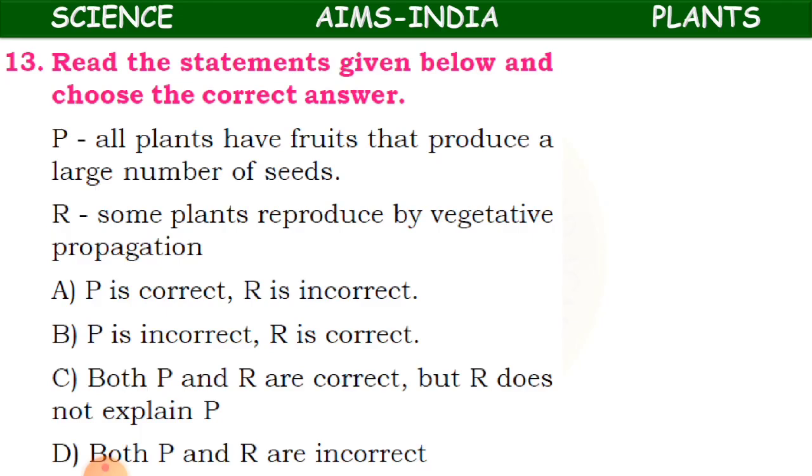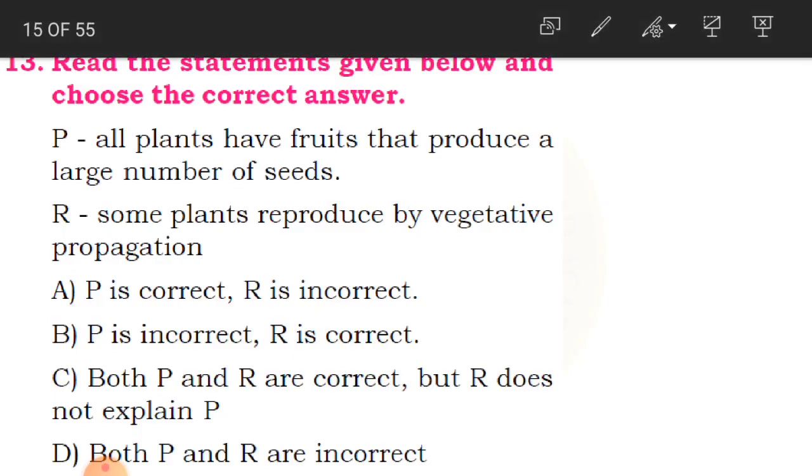Read the statements given below and choose the correct answer. P is all plants have fruits that produce a large number of seeds. And R is some plants reproduce by vegetative propagation. Now we have to say whether P is correct or incorrect, and whether R is correct or incorrect, as given in the options.